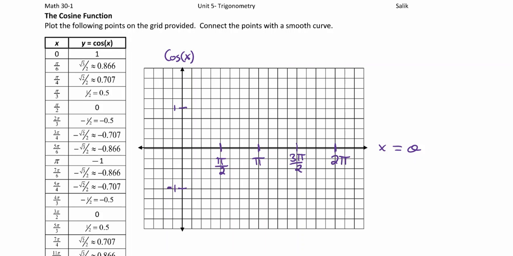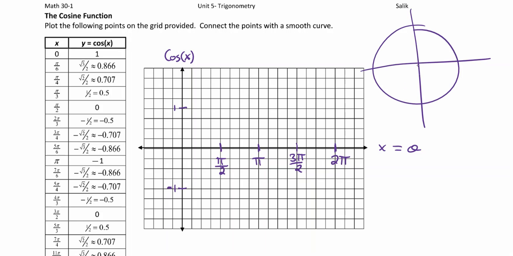Now if we think about this one for cosine, so cos was this, that's our length here. At our beginning point, would be the point (0, 1). So this time, we're starting at 1, up here. A cos graph will always start, if it was just cos, up at 1.